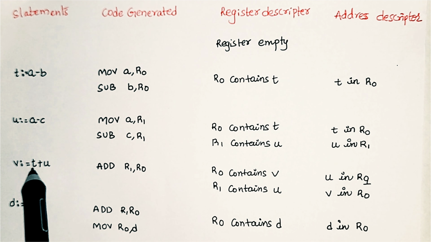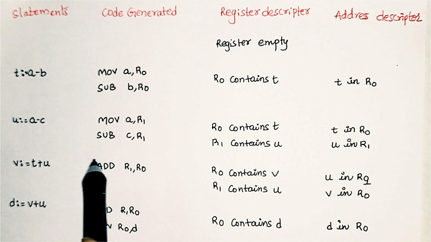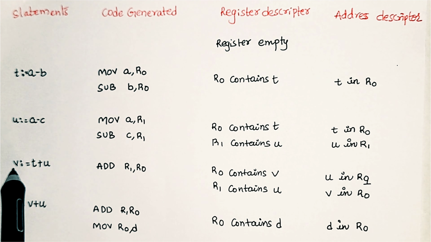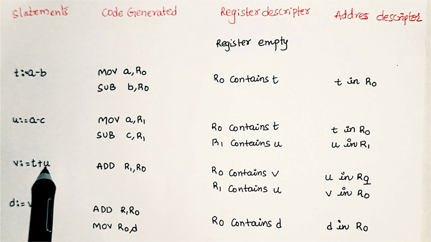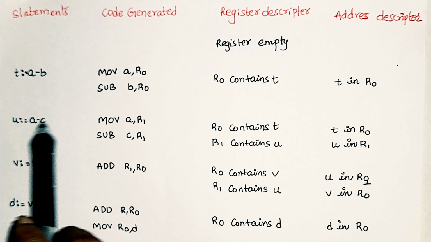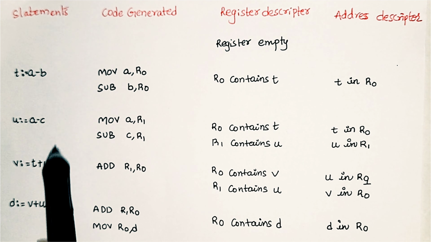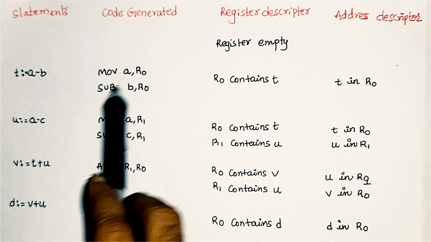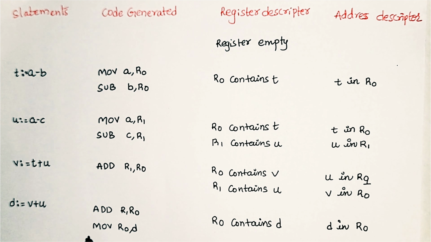The third one is v is equal to t plus u. So now what am I going to do? What is v? T plus u. T is in r0, u is in r1. I want to add t and u, r0 and r1. That's why add r1 comma r0. Now you see here, r0 contains v, r1 contains u.